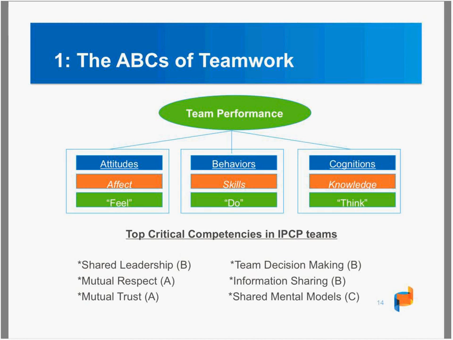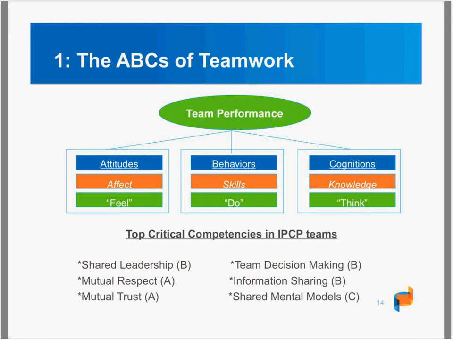So we describe this framework a little bit, and then we use some of the top critical competencies that were identified by the subject matter experts. We use those as the main competencies that are described, and you can see at the bottom at least 6 of the 11 competencies.